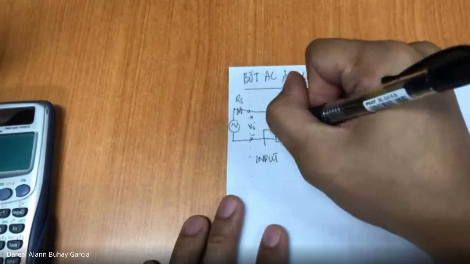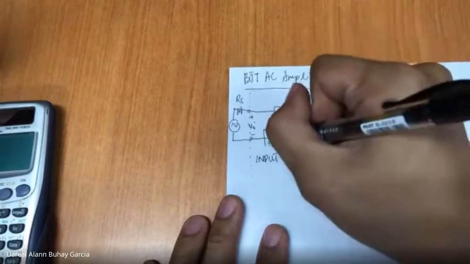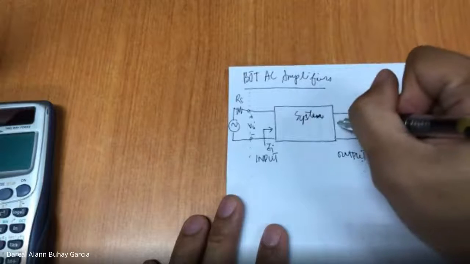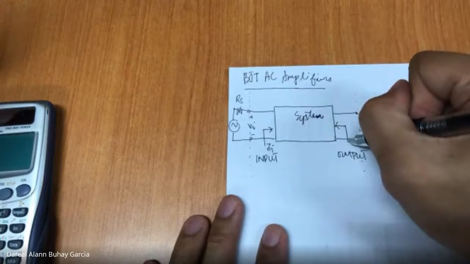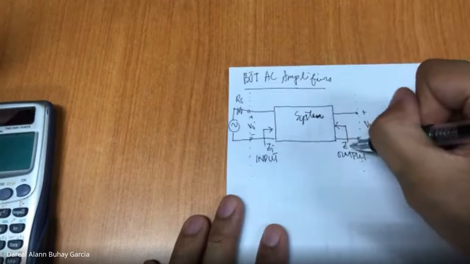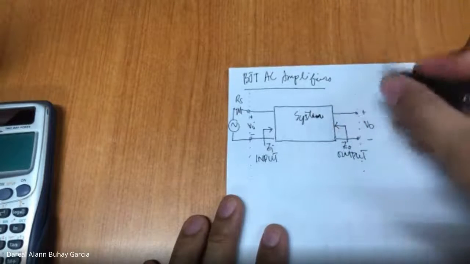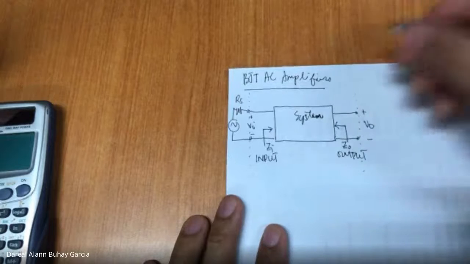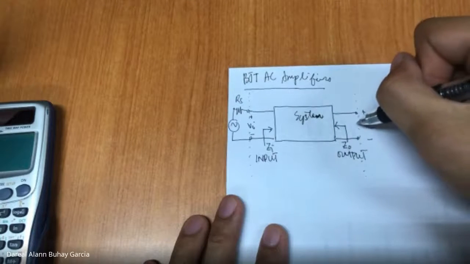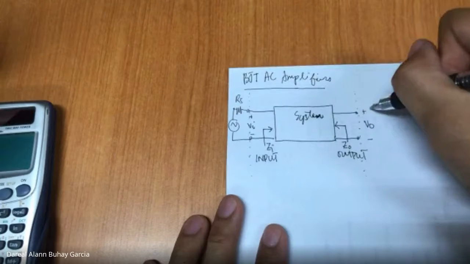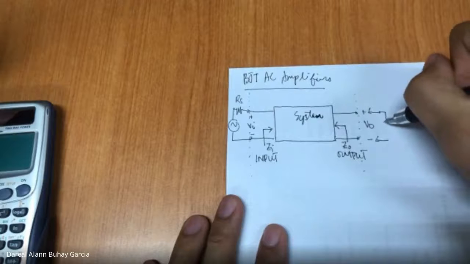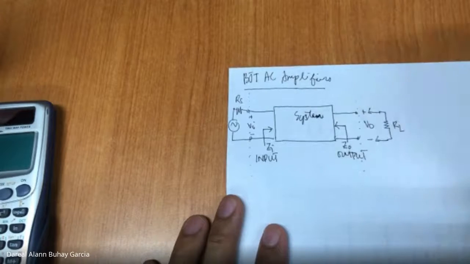The impedance looking into the system is what we call ZI, or the input impedance. And the output impedance is defined as the impedance looked at, ginatanaw sa atong load, atong load dili nato i-connect sa output, could be modeled by a plain resistor RL, no?